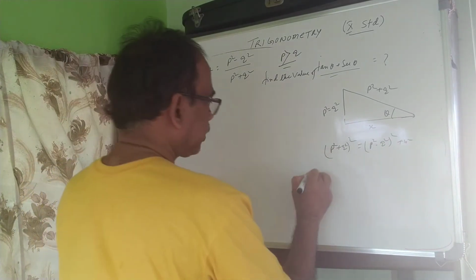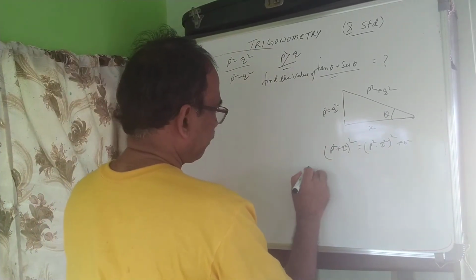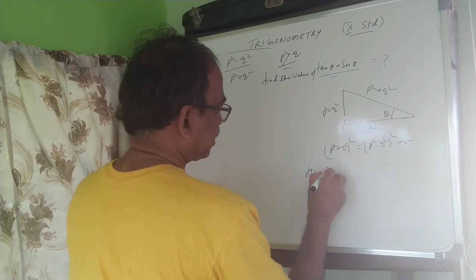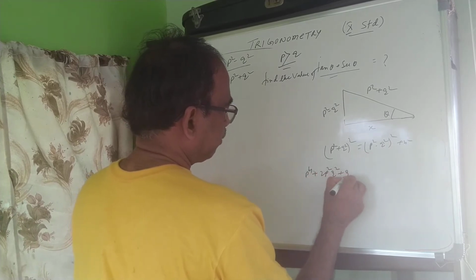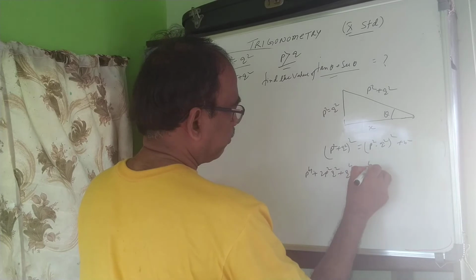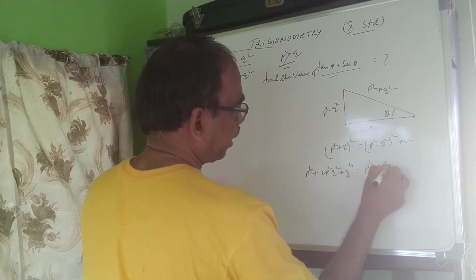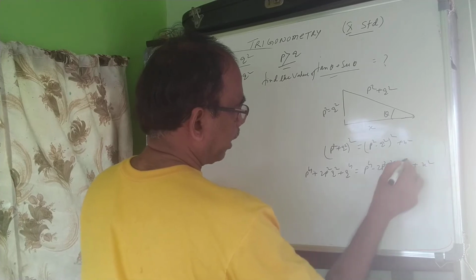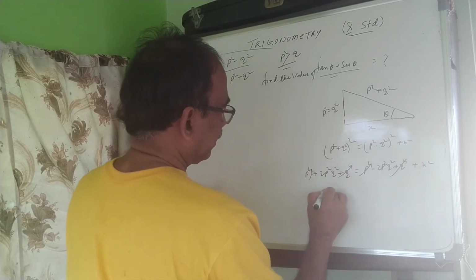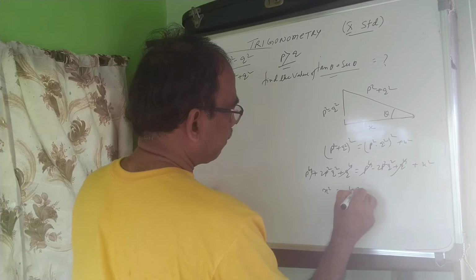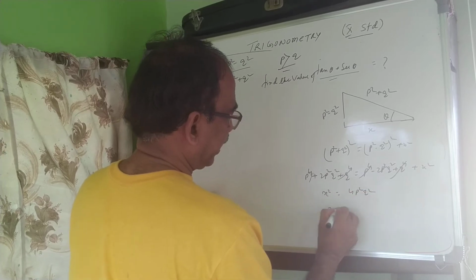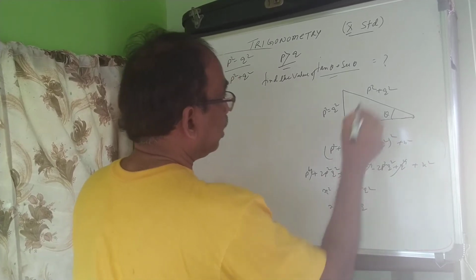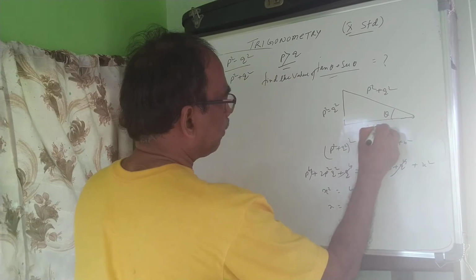Then break it: p to the power 4 plus 2p square q square plus q to the power 4 equals p to the power 4 minus 2p square q square plus q to the power 4 plus x square. That is x square equals 4 p square q square. Then x equals 2pq.